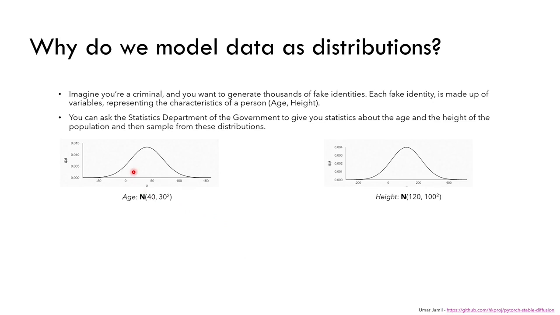What does it mean to sample from a distribution? To sample from this kind of distribution means to throw a coin, a very special coin that has a very high chance of falling in this area, a lower chance of falling in this area, an even lower chance of falling in this area, and a nearly zero chance of falling in this area. So imagine we flip this coin once for the age, for example, and it falls here.